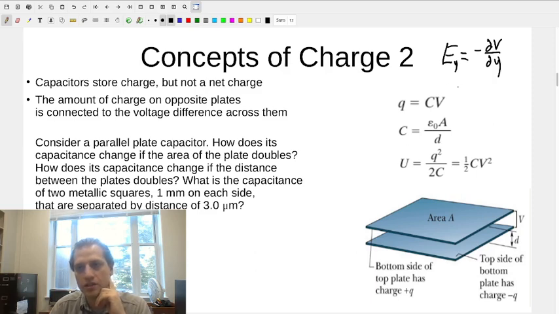And then we could say that if we wanted the potential difference, which we then sloppily just write as V instead of delta V, we could go ahead and take the integral of that, minus the potential, from 0 to d, of dV dy.